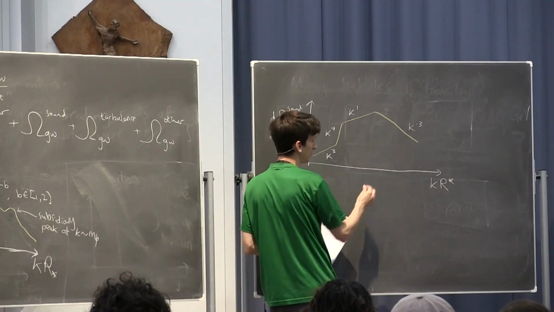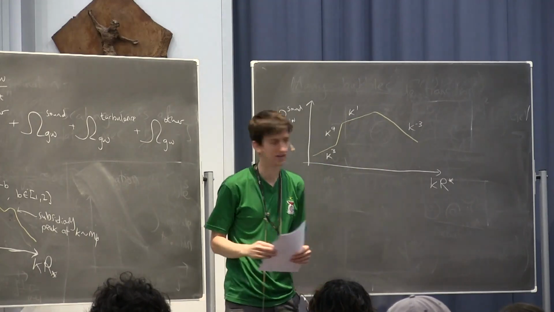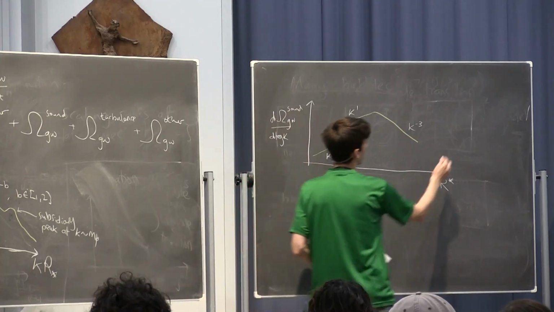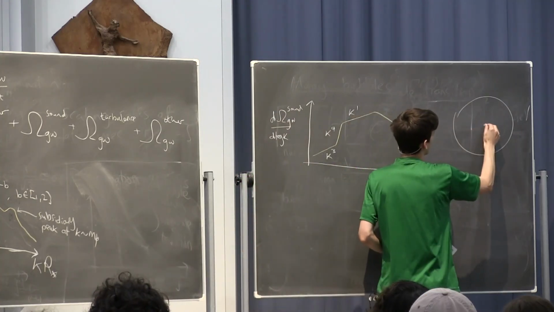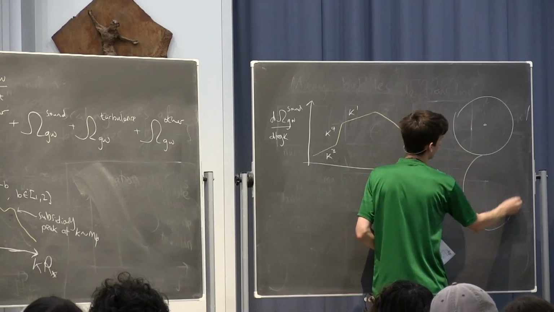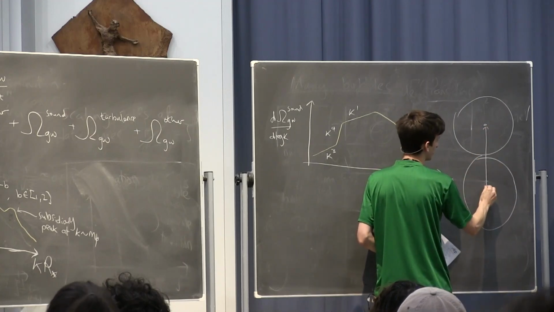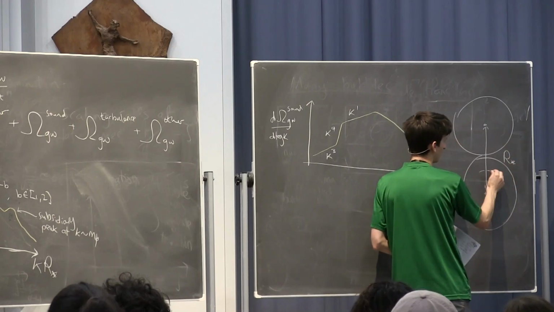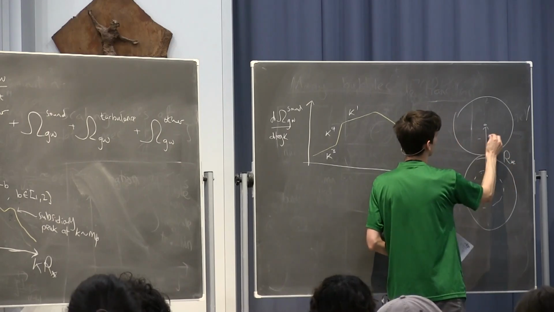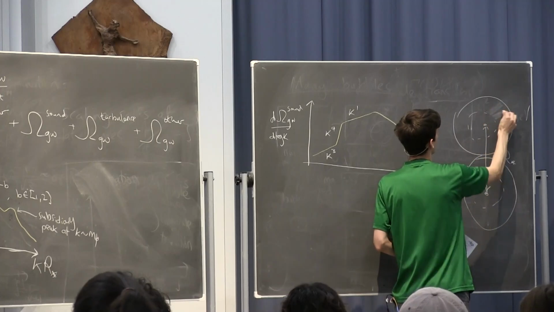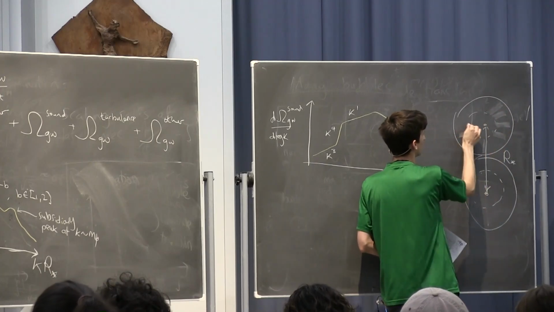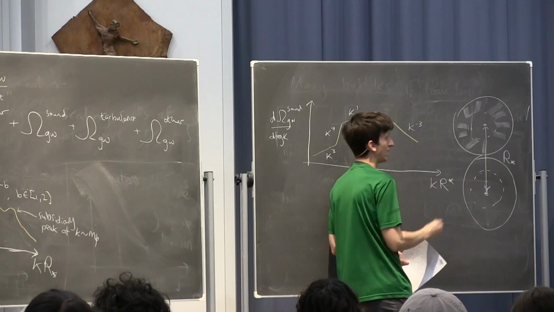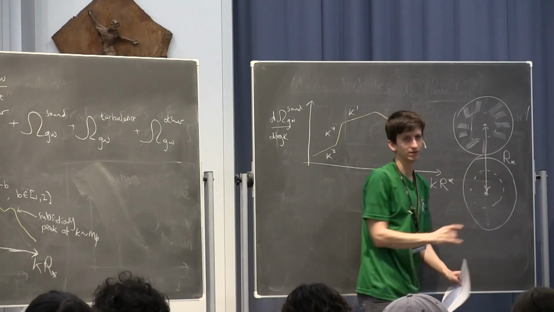And the reason you get 2 peaks is because there are 2 scales in the bubble growth. There's one scale which is the average distance between bubbles, and that's our R star. But then there's another scale, which is the width of the shock front.